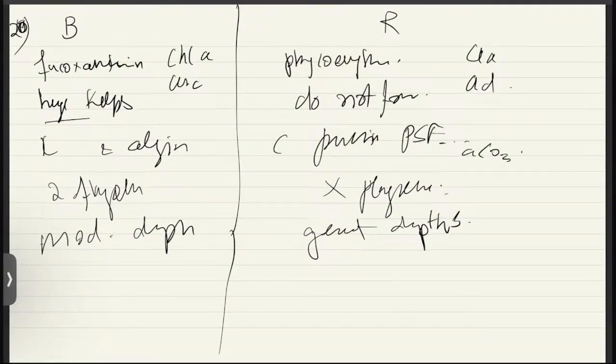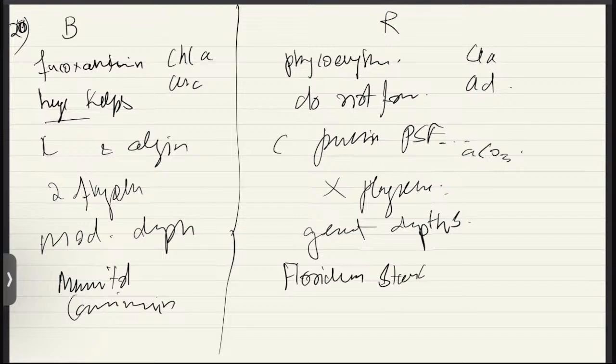Stored food in brown algae is mannitol and laminarin. And in red algae, it is Floridean starch. Okay. Rest all flagella points and all that I have covered. That is question number 20.